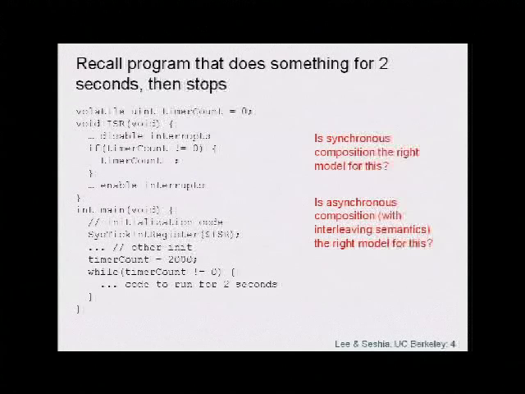Okay, so let's look at asynchronous composition then, with interleaving semantics. Would that work? How many of you think asynchronous composition with interleaving semantics will work? Raise your hand. 1.5.